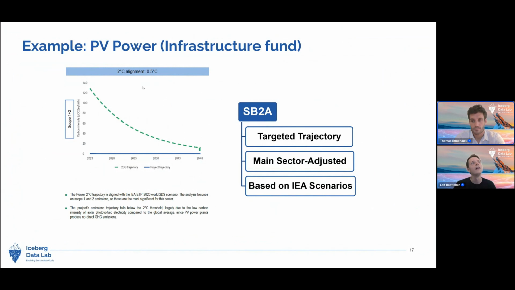Also in this case, the specificity of this climate trajectory is that we take the trajectories. You can see that as the carbon budget of the whole sector, and we take these from the IEA, who are the authority, I would say, globally for climate trajectories. And in the energy sector, the IEA considers only scope 1 and 2, because typically in the energy sector, almost all the emissions come from scope 1 and 2. So, for example, a company that burns coal, it's all about that.